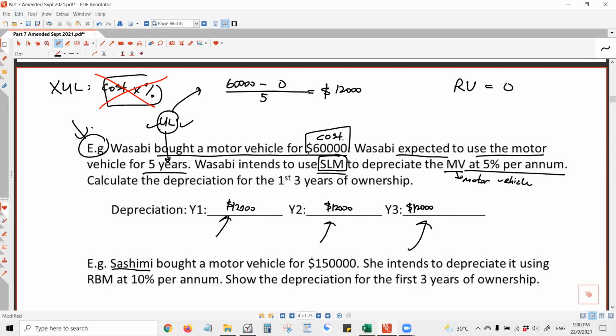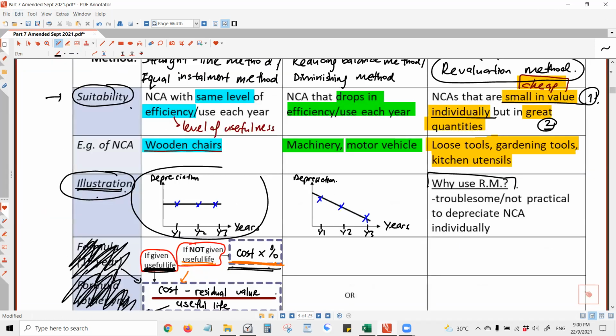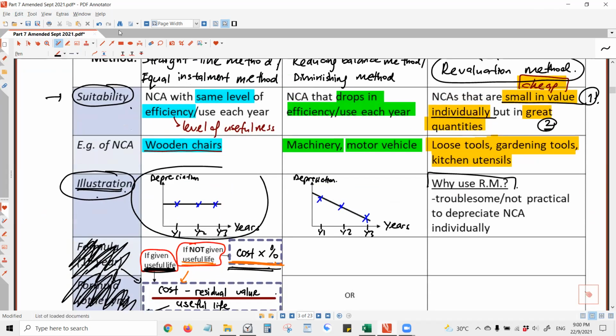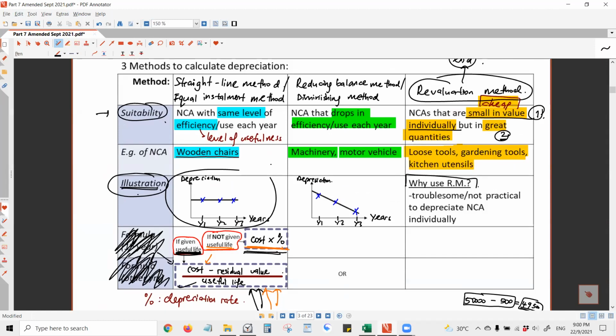Now let's look at another method. Get back to this table. In the middle column, you write, for this reducing balance method, there is only one formula.